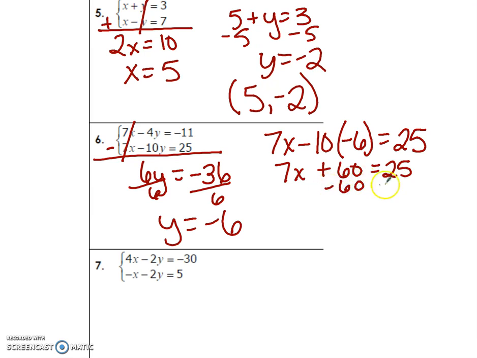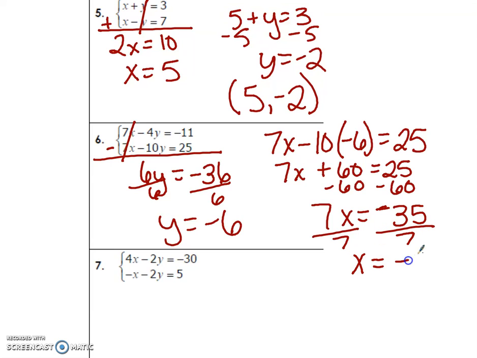So we're going to subtract 60, and 7x equals, let's see, negative 35. Then we divide by 7, so x equals negative 5. Okay, so our point is (-5, -6).